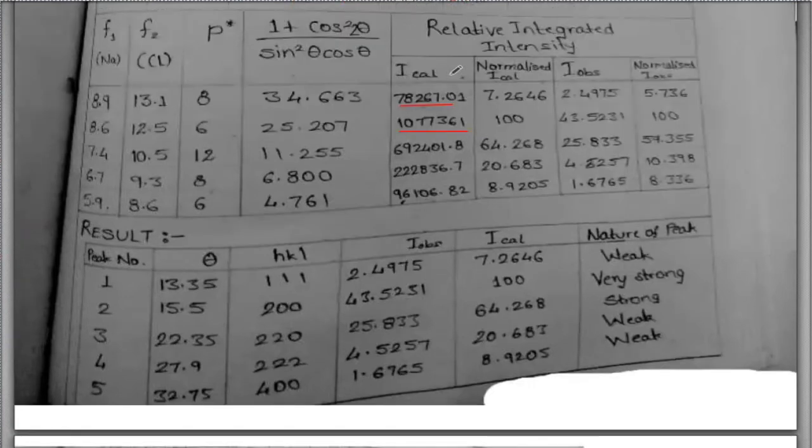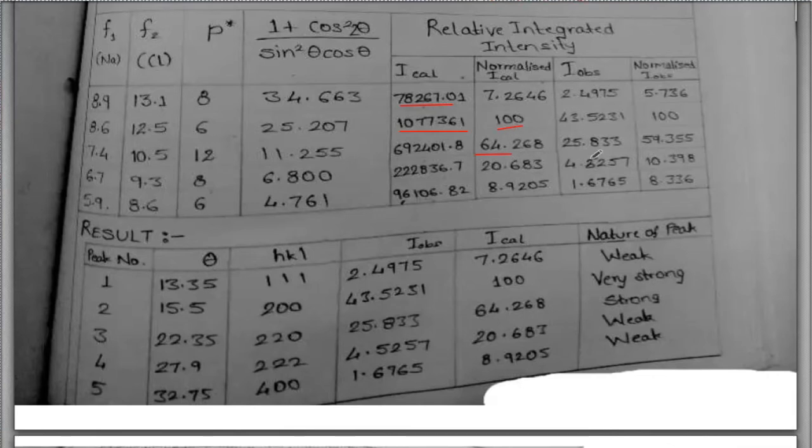Okay, so after getting these intensities at each individual peak, you have to normalize the intensities. So take the maximum peak intensity, put it in the denominator, divide all the intensities, and then multiply with 100. So what will happen? This is going to give you 100% intensity. Then you are getting 64%. So this is the normalized calculated intensity.